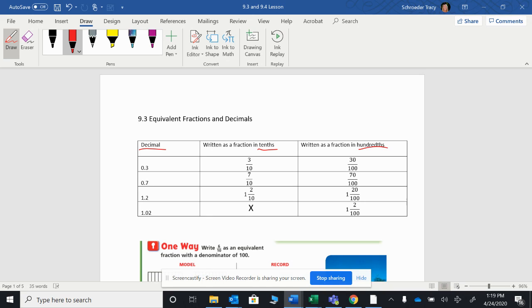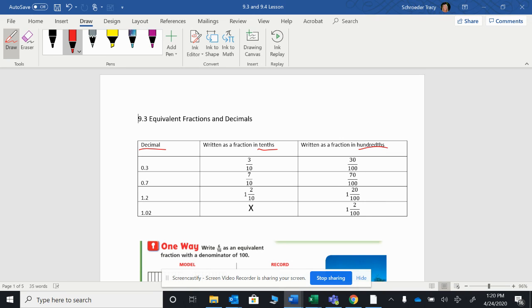So if I have the decimal 0.3, I could write it as 3/10, but it is actually also recognized as 30/100ths. Because technically when you're drawing that, you have 3 of those complete bars shaded. Or 7/10 is 7/10.